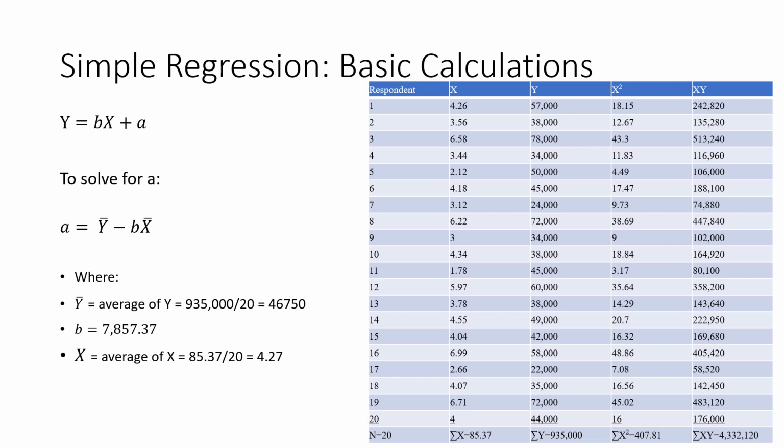Now, there are multiple ways you can do this, but the easiest way is just to use some simple algebra to rearrange the equation on the top, y equals bx plus a, into another equation that we can use to solve for a, which is a equals y, the average of y, y bar as we would call it, minus b times the average of x.